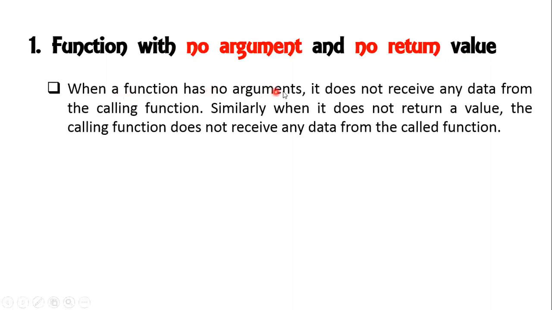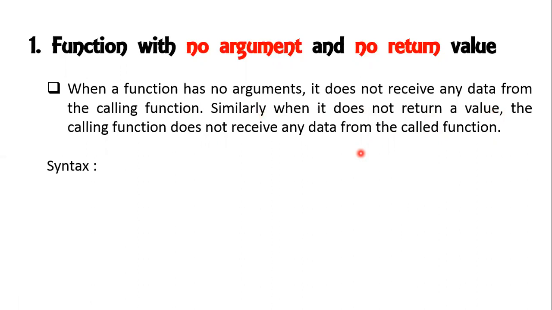When a function has no arguments, it does not receive any data, nothing but input, from the calling function. I will show you what the calling function is. Similarly, when it does not return a value, it will not return any kind of value using return. So the calling function does not receive any data from the called function. This is very important; you need to understand this very clearly.